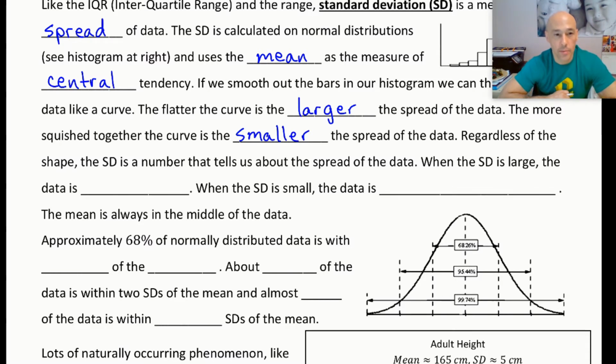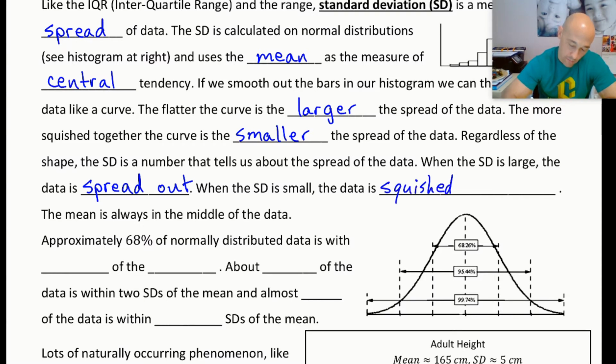Regardless of the shape, the standard deviation is a number that tells us about the spread of the data. When the standard deviation is large, the data is spread out. When the standard deviation is small, the data is squished together, for lack of a better description.